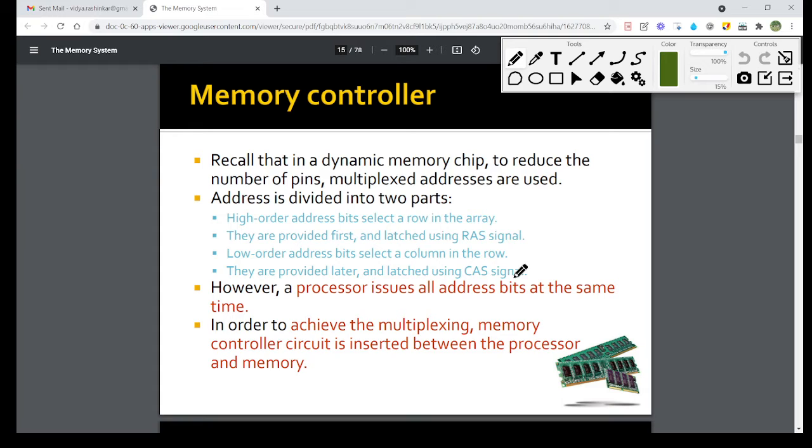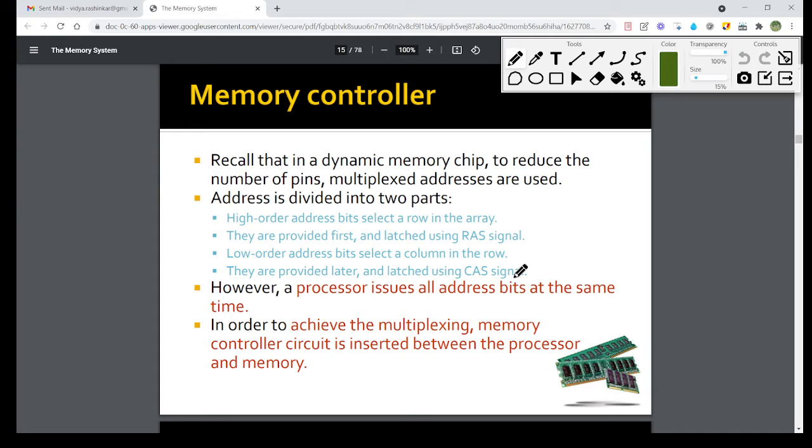So the addresses are divided into two parts. One is the set of higher order address bits, used for row selection, whereas the lower order address bits are used for column selection. These row and column selections are latched using the RAS and CAS signals respectively.